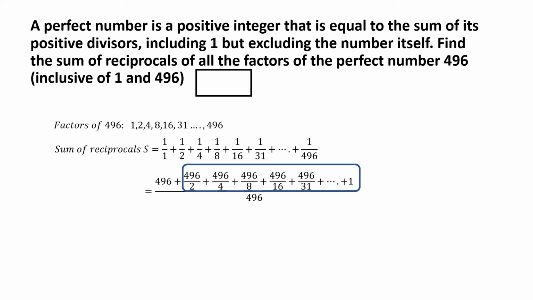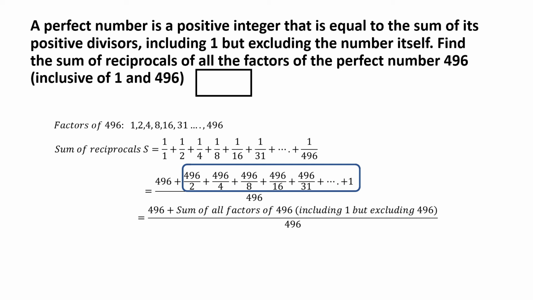And since 496 is a perfect number, we know that the sum of its positive divisors, including 1 but excluding the number itself, will be equal to 496. So we can write the numerator as 496, which is the first term, and that's not within the box.